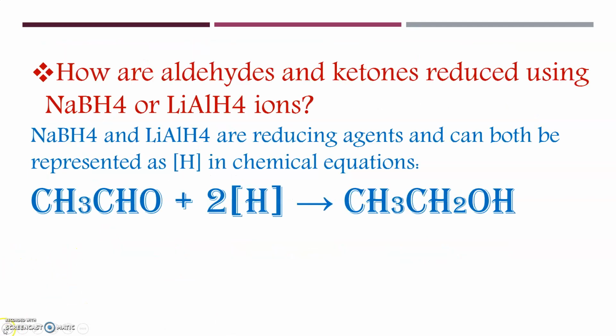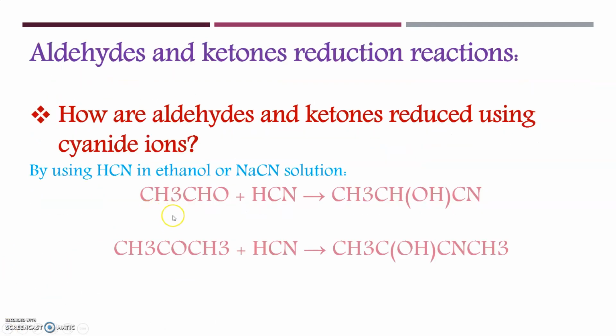So let's take a look at the equation using the HCN or the NaCN. Okay, what is that compound's name? We said we start counting from here, so this is 1, 2, and it's CHO, so this is an aldehyde, right?